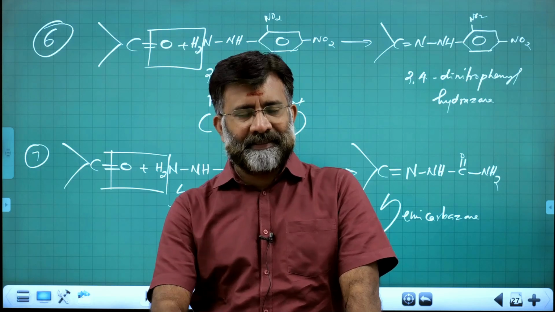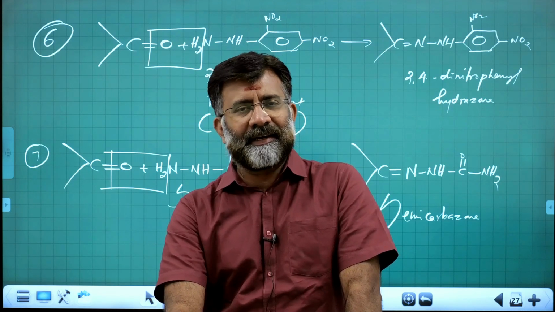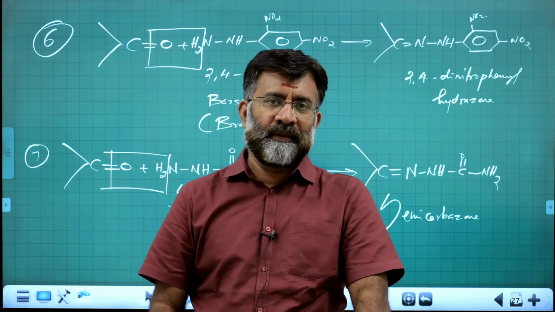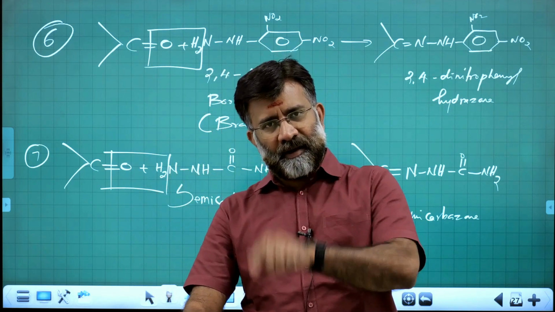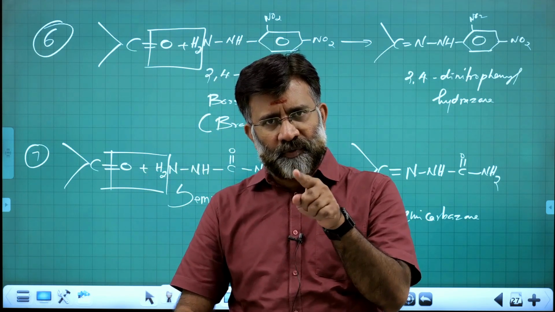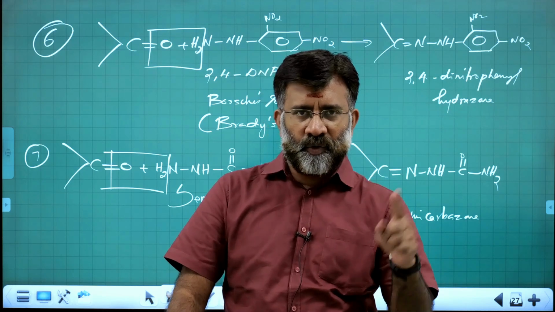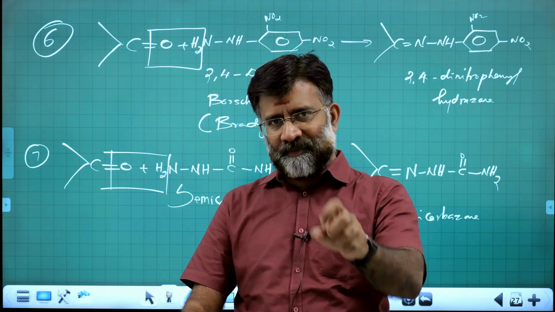Reaction number next, fourth one, right? Z place we have NH2, that is hydrazine, product is hydrazone. Phenylhydrazine, product is phenylhydrazone. 2,4-dinitrophenylhydrazine, product is 2,4-dinitrophenylhydrazone, and the importance of that particular example we have discussed.